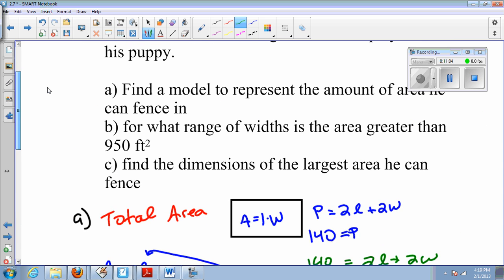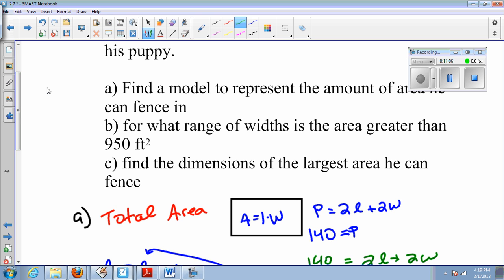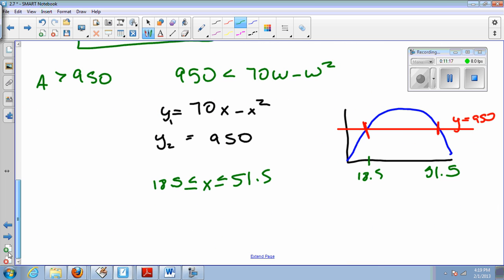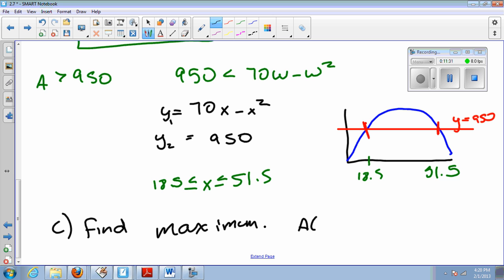For part C, it says find the dimensions of the largest area he can fence. So that means we need to find our maximum. So we're still using our area formula where it's negative x squared plus 70x.